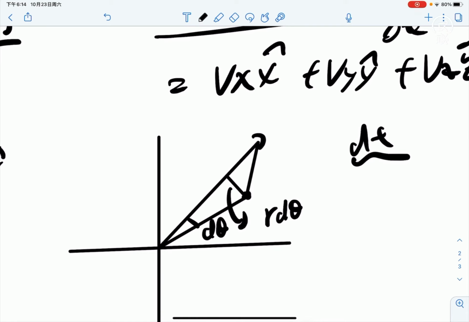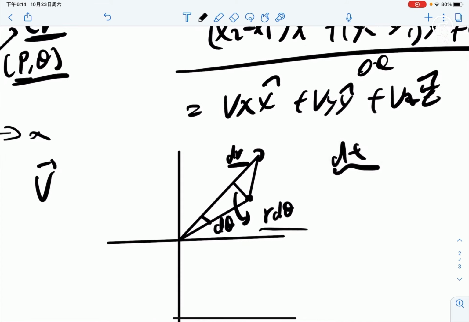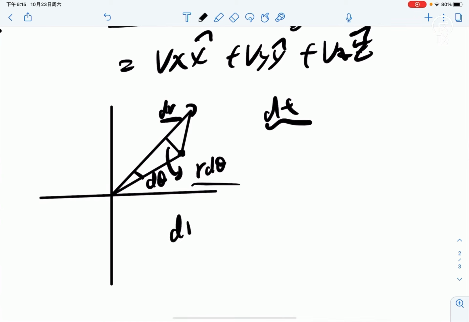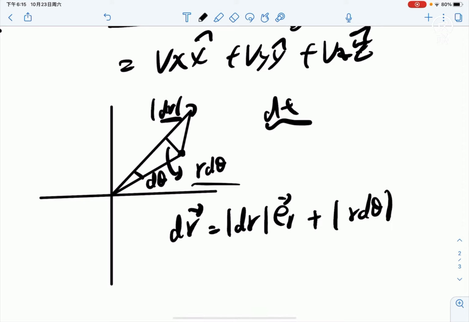And this part is basically dr. dr is just the changing length, okay? So basically, dr can be described with a magnitude in the r direction, plus r d theta times the e theta direction.